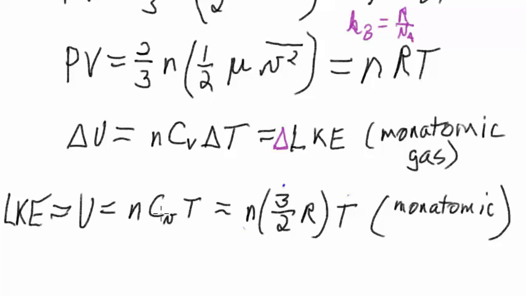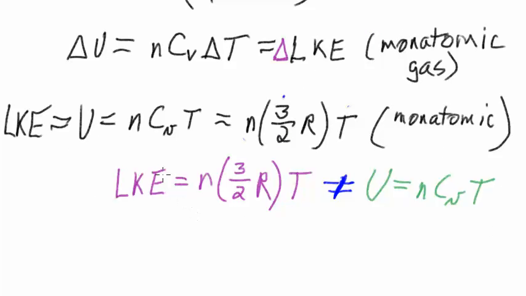For a monatomic ideal gas, we can conclude that the molar specific heat at constant volume, C sub V, is 3/2 R. The linear kinetic energy and the internal energy are the same. But what changes for diatomic and other such gases?